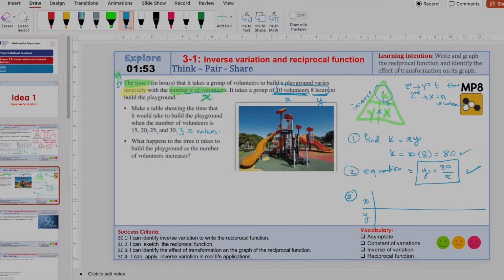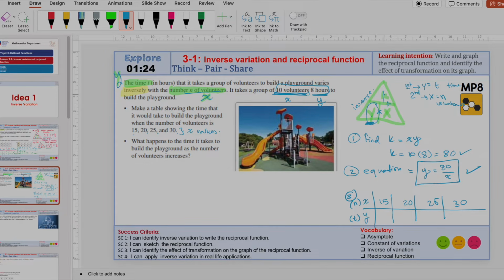The x values represent the number of volunteers, and the y values represent the time. The number of volunteers can be 15, 20, 25, and 30. So find the y when x is 15, and so on. Which equation do I use? The equation where I want to find the y. So hide your y.